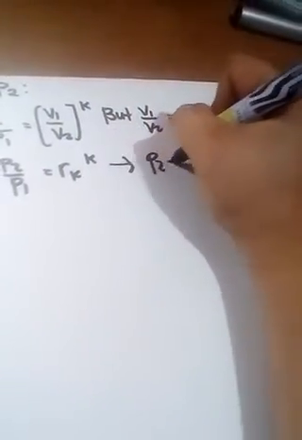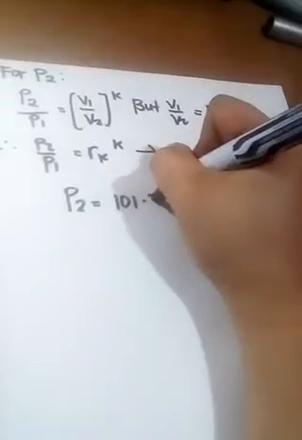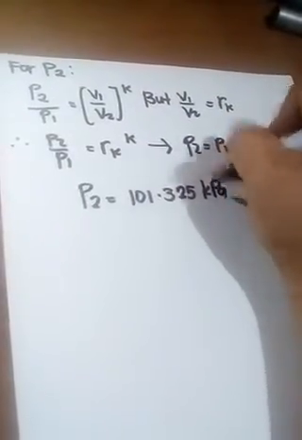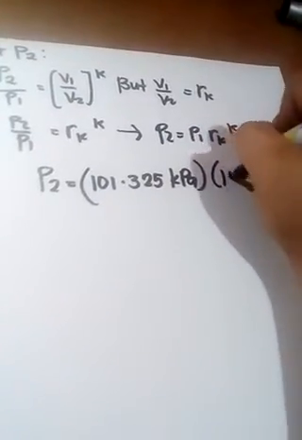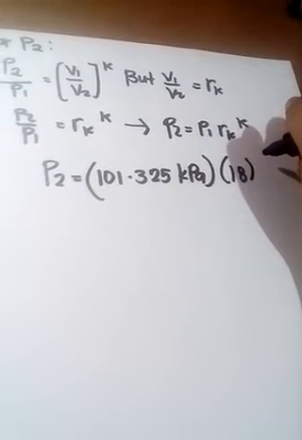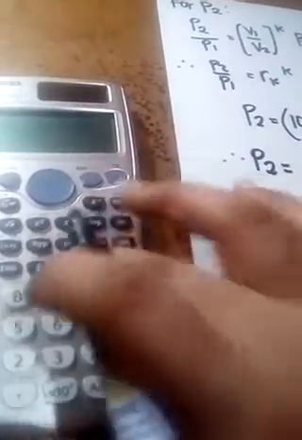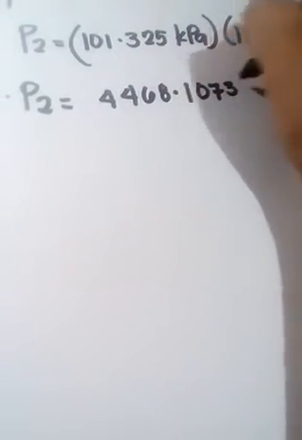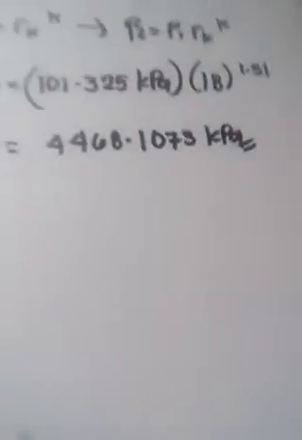Therefore, P2 over P1 equals RK raised to K, wherein P2 equals P1 times RK raised to K. So P2 is 101.325 kilopascal times 18 raised to 1.31. Therefore, P2 is 4,468.1073 kilopascal.